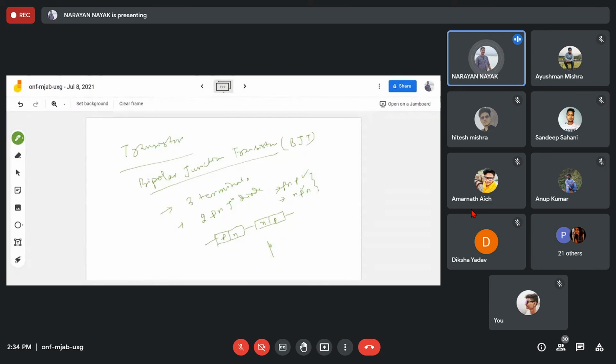Understood? So what is this transistor? There are three terminals.